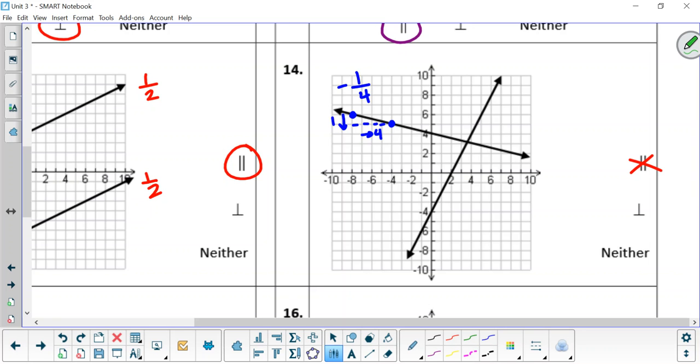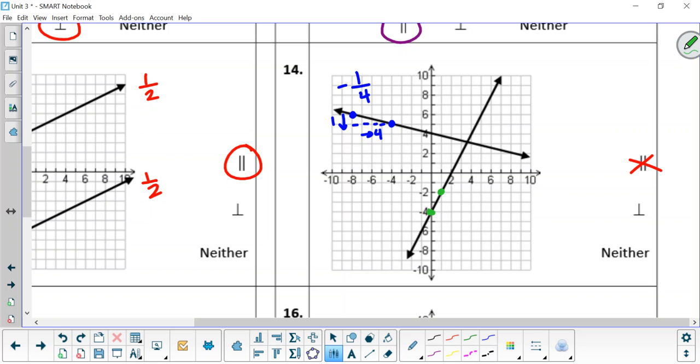Now let's check the second one. Here's a good point, and here's a good point. So here I went up 1, 2 over 1. Oh, I'm sorry, I wrote that on the wrong line.